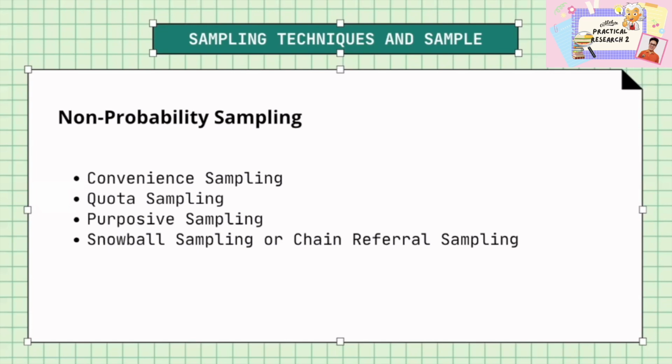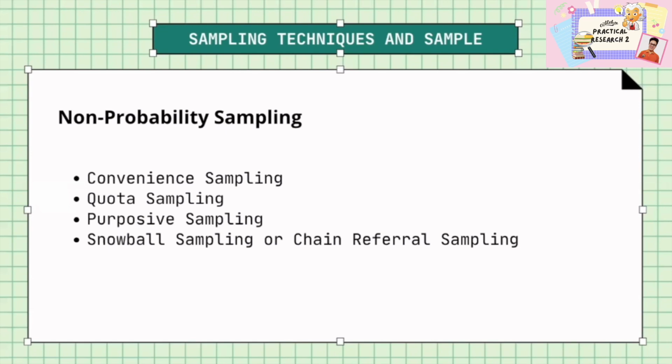For example, after you have already determined the size of the sample from your population of elementary pupils, the elementary pupils who are at the moment present during the research visit will be chosen as respondents.